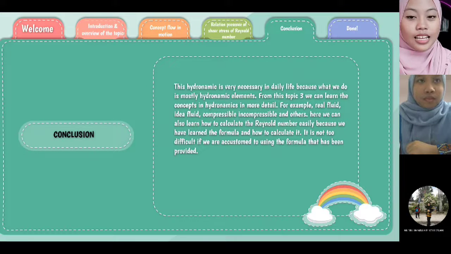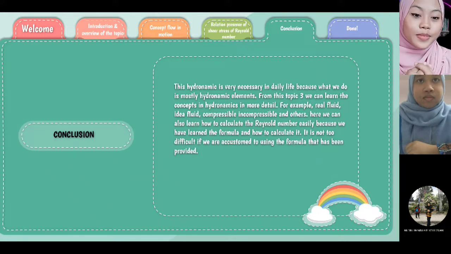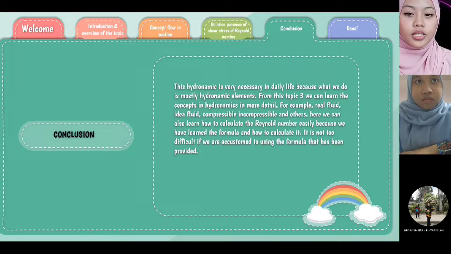So, this is the last part, which is our conclusion. What we can get is that hydrodynamic is very necessary in daily life because what we do is mostly hydrodynamic elements. From this topic 3, we can learn the concepts in hydrodynamics in more detail.